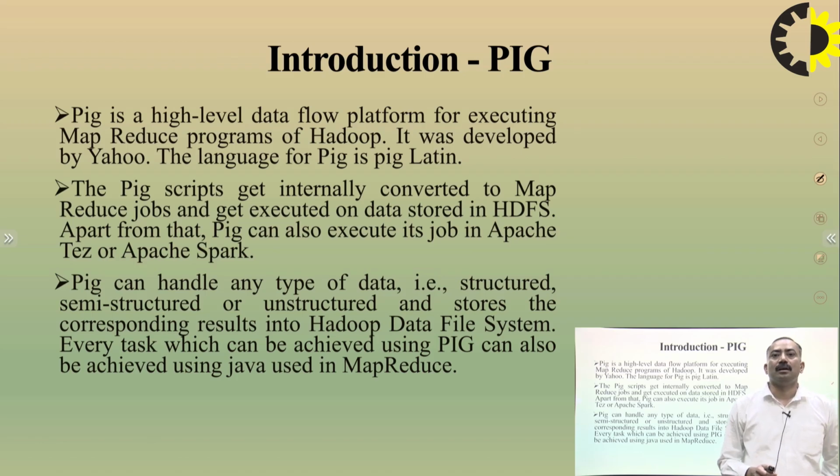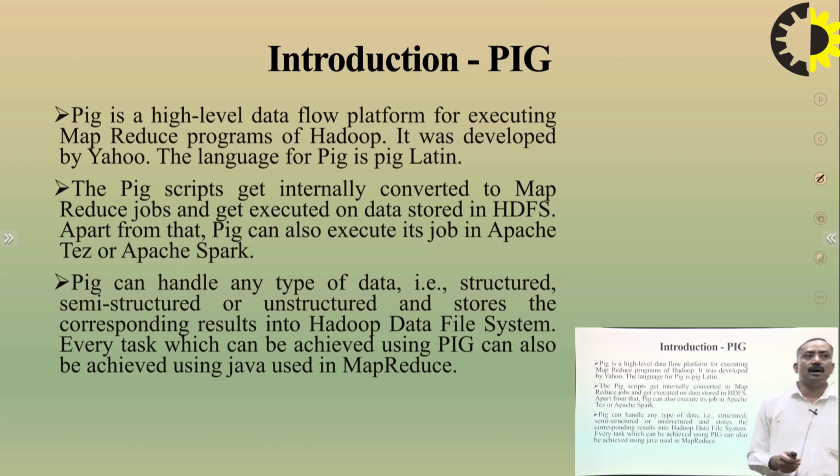Pig scripts are generally internally converted into MapReduce jobs and get executed on the data stored in HDFS. Apart from that, Apache Pig can also execute its jobs in Apache Tez and Apache Spark, different tools.